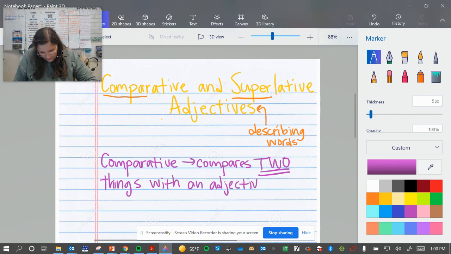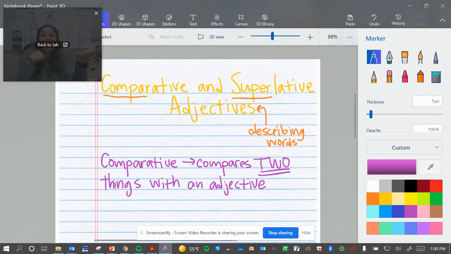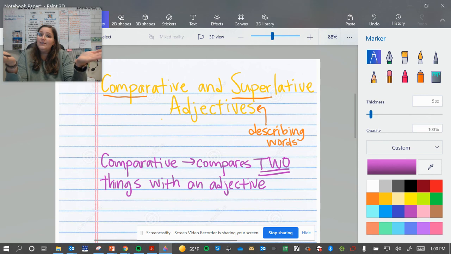For example, this is bigger than this. This is cleaner than this. This is messier than this. This is easier or harder.